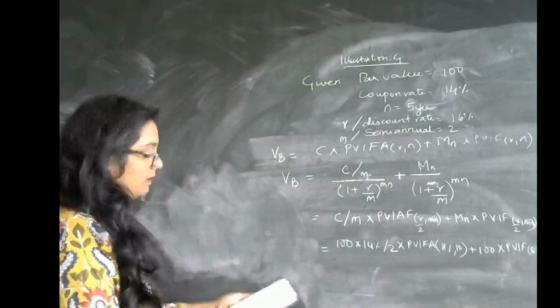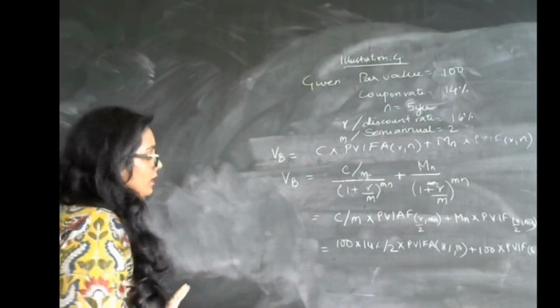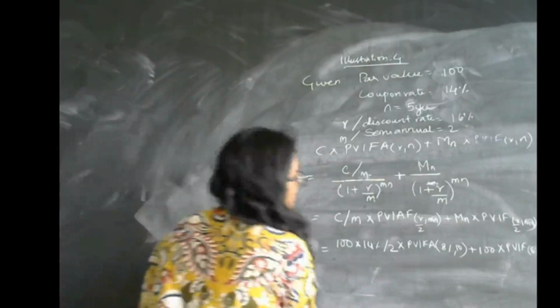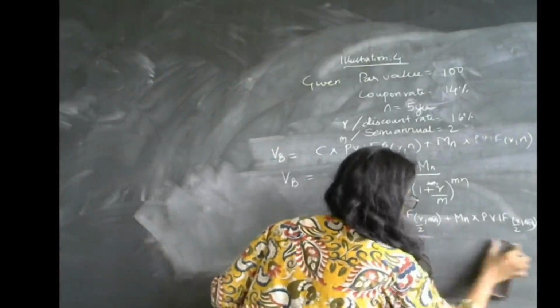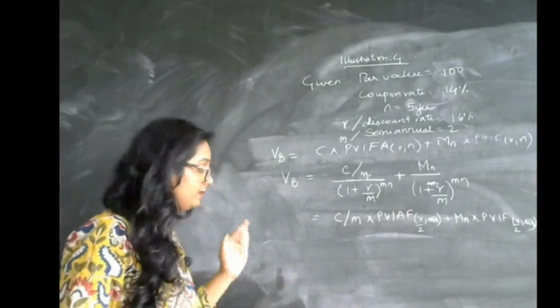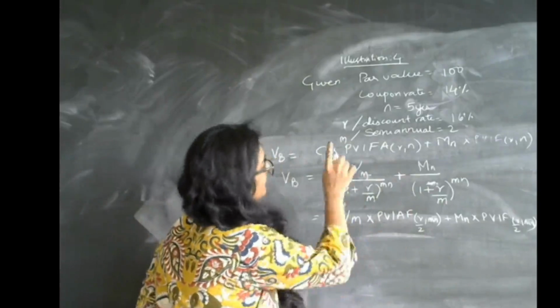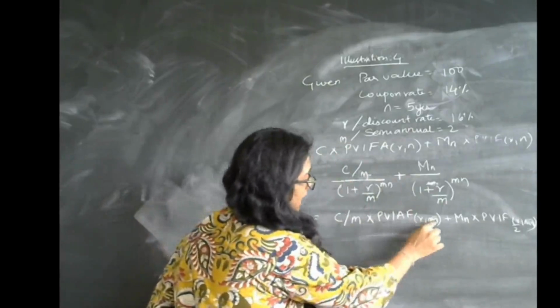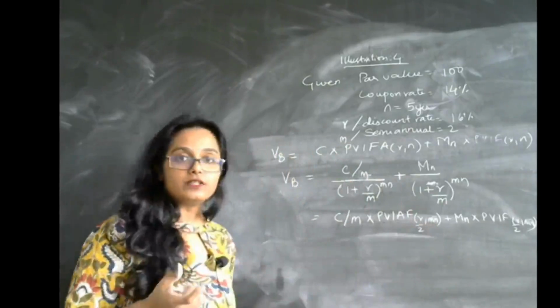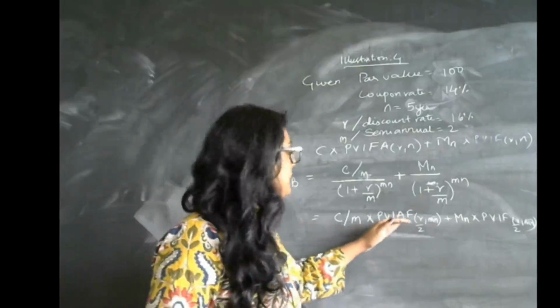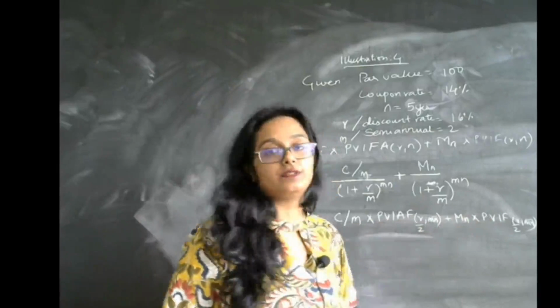I'll repeat again for you all, just listen to me carefully. Since it is a semi-annual problem, we just need R and the number of years to determine the present value annuity factor and the present value interest factor.